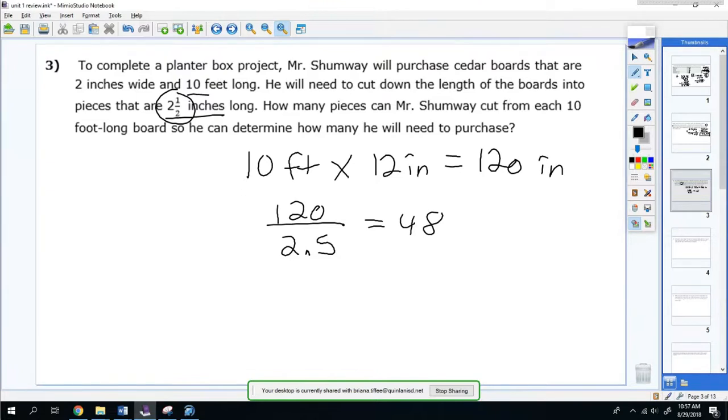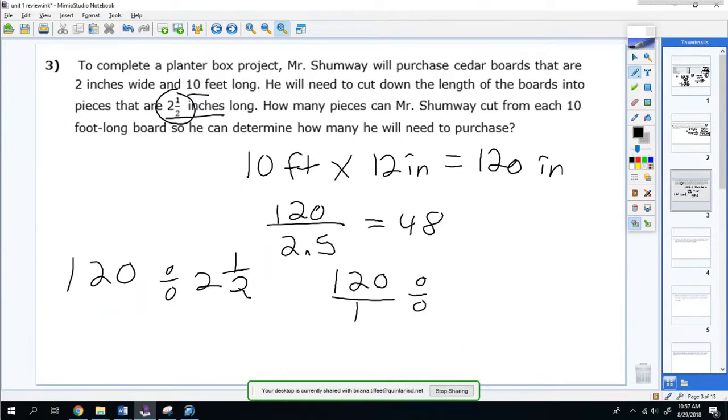Okay, well, let's say I just did 120 divided by 2.5 because I didn't know what it was as a decimal. So if I change it to an improper fraction, it'll look like this. It'll be 120. I'm going to put this over 1 since I'm dividing fractions. Division symbol. 2.5 changes to improper, which is 5 over 2.